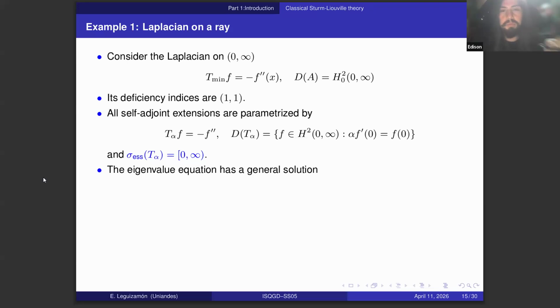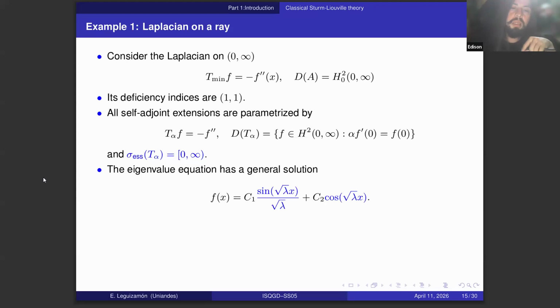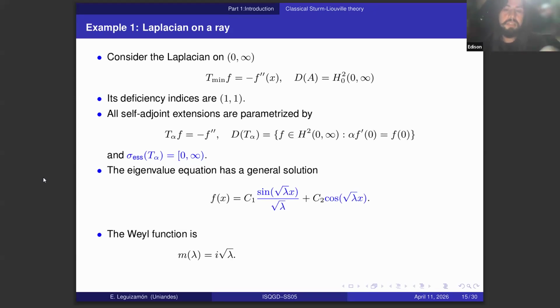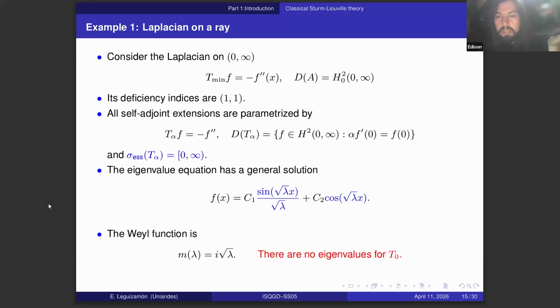The essential spectrum is always the interval 0 to infinity, and the Weyl equation is super easy to solve to find the fundamental system for this problem. If we manage to find the fundamental system, we can calculate explicitly the Weyl function. And of course, this function has no poles, so it means that we don't have eigenvalues for the problem.